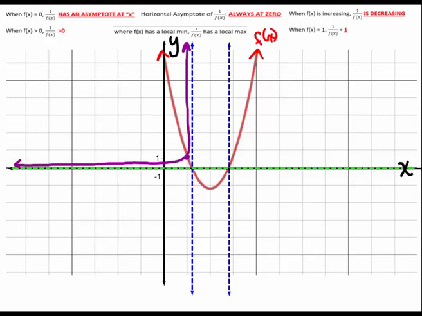In the middle section here between my vertical asymptotes, I'm going to have key values at -1. I have a local minimum here, and so in line with that will be my local maximum, and I don't know exactly what it is, but it's somewhere around here maybe.